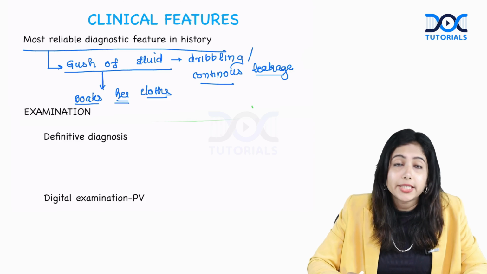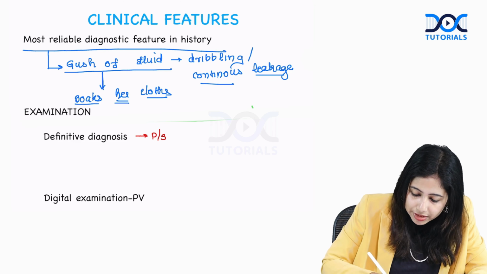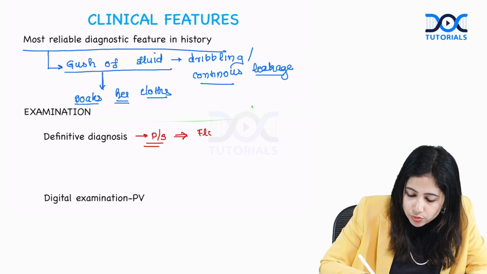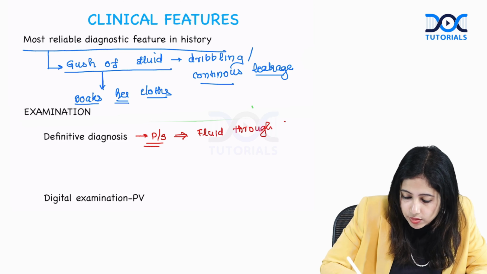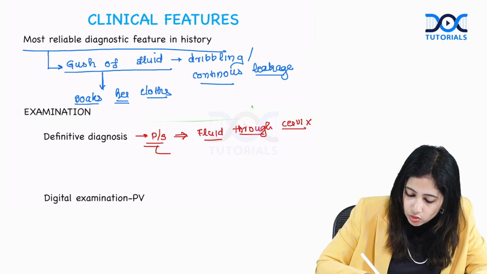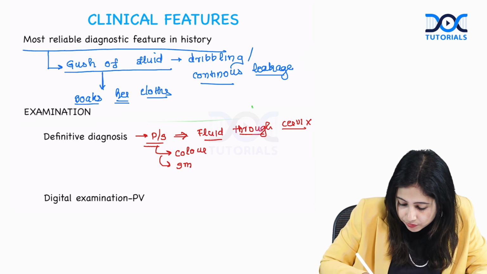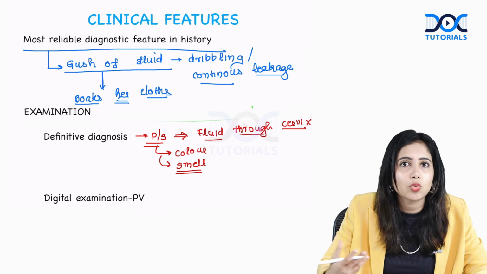Alright. So the definitive diagnosis is basically by doing a per speculum examination. In per speculum examination, you can see the fluid coming through the cervix into the vagina. Again, you have to look at the color and the smell, because foul smelling fluid can be associated with chorioamnionitis.